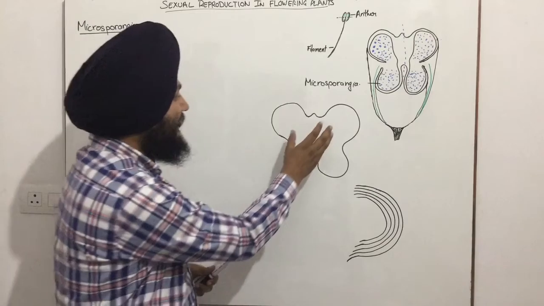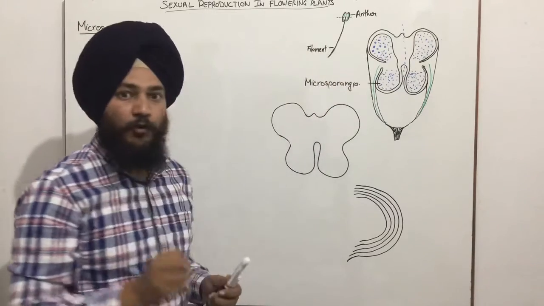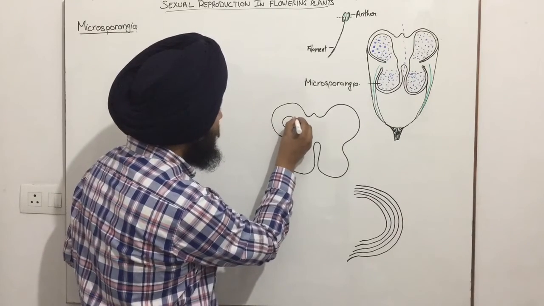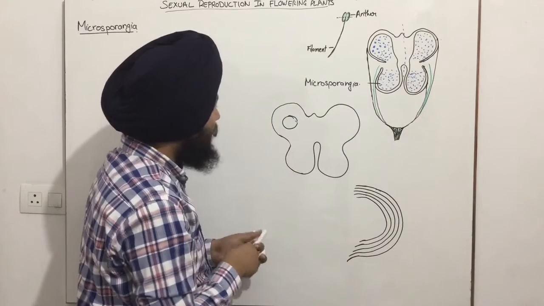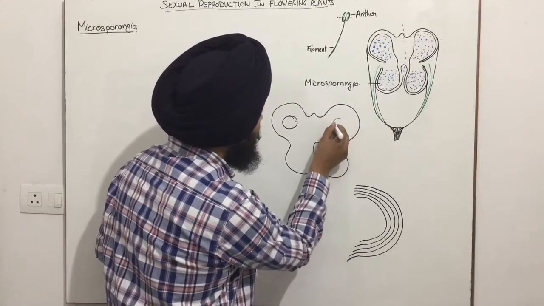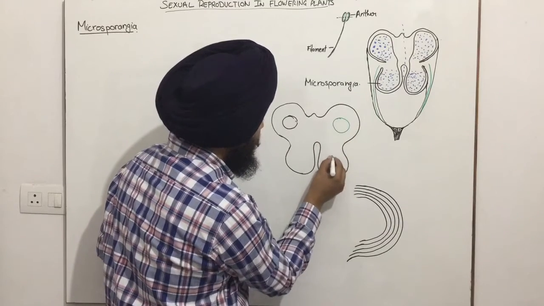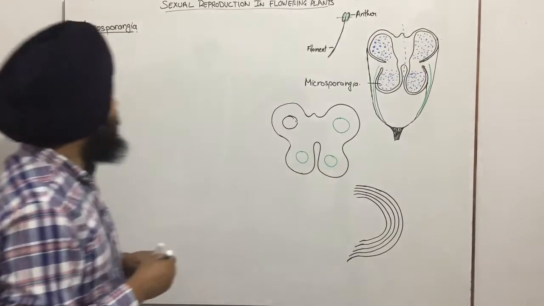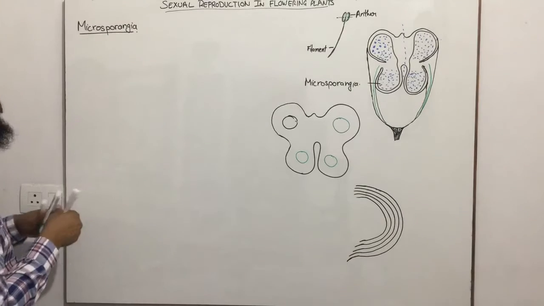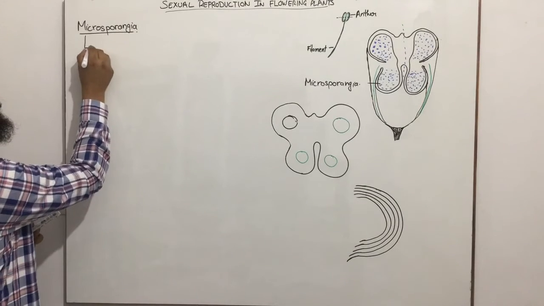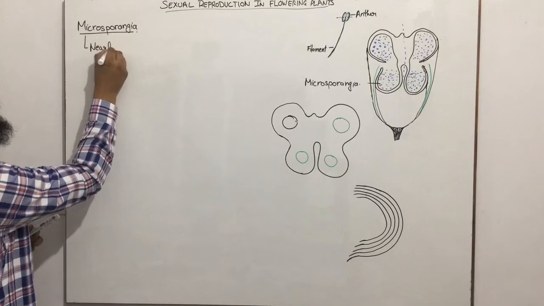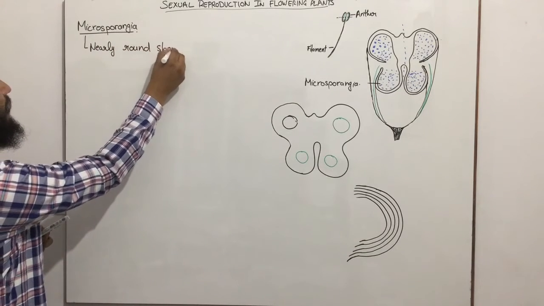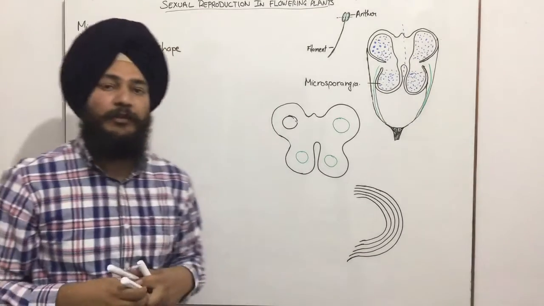So when we study the transverse section of the anther, we found that each microsporangium is very much round in its structure, nearly round shape, or you can say nearly circular shape.